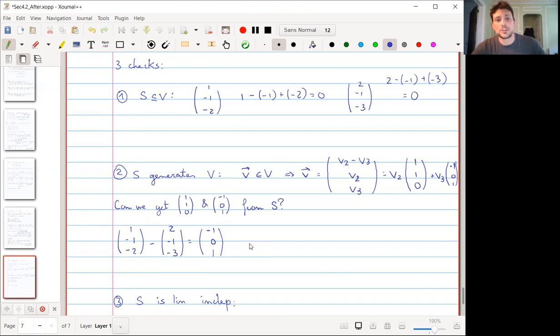what could we want to do? This is a work of a little bit of guess and check. I want to get 1, 1, 0. So for example, if I subtracted, let's see, I take 1, minus 1, minus 2, and then I subtract this newly found vector here, which I can use because I generated it with the ones that I have just been working with.